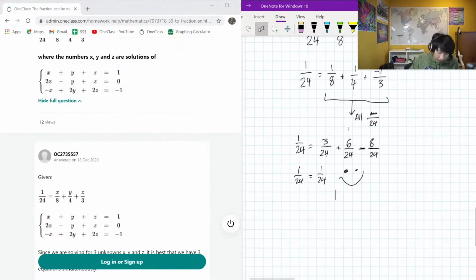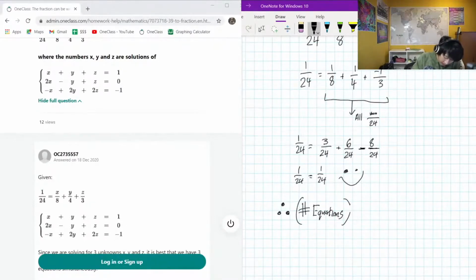The golden rule here is that the number of equations has to be greater than or equal to the number of unknowns, or the number of variables.